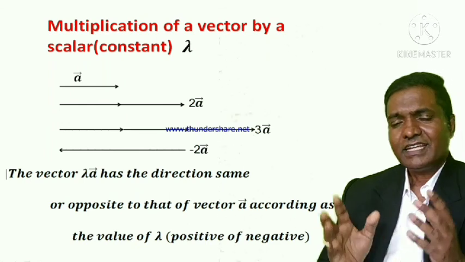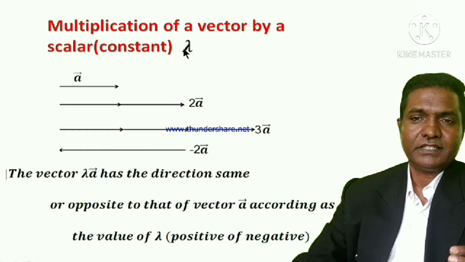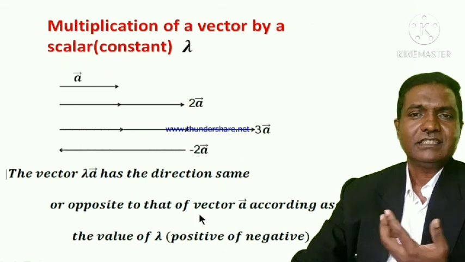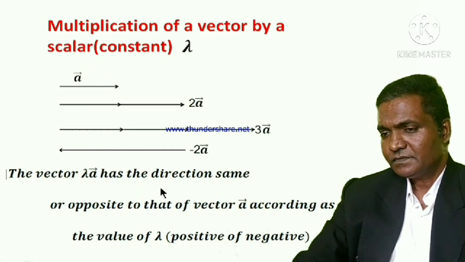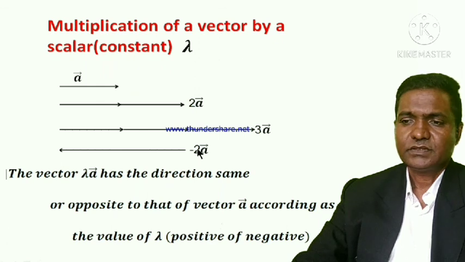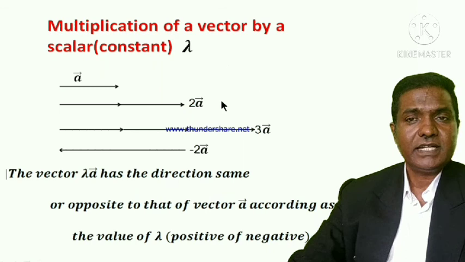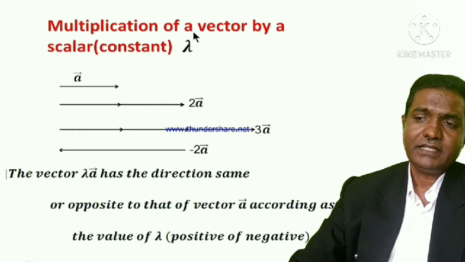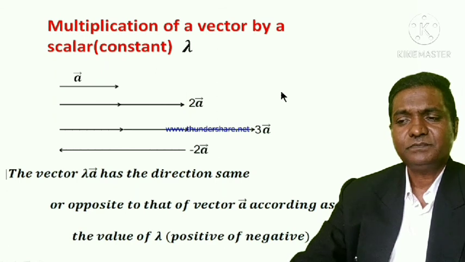Depending on the lambda value. This lambda, if it is positive, then the resultant of... okay, so when you multiply any vector by a constant lambda, what will be the result?